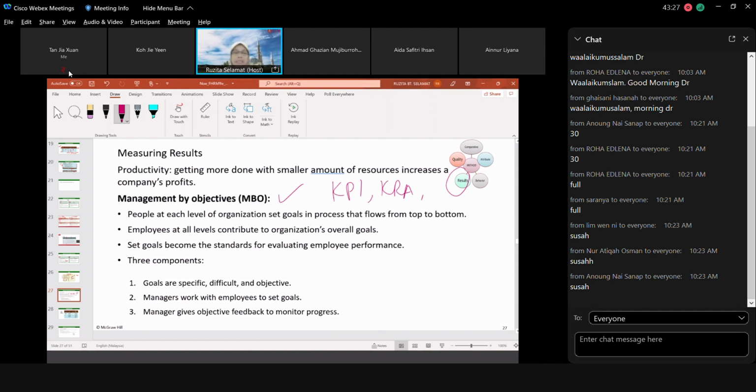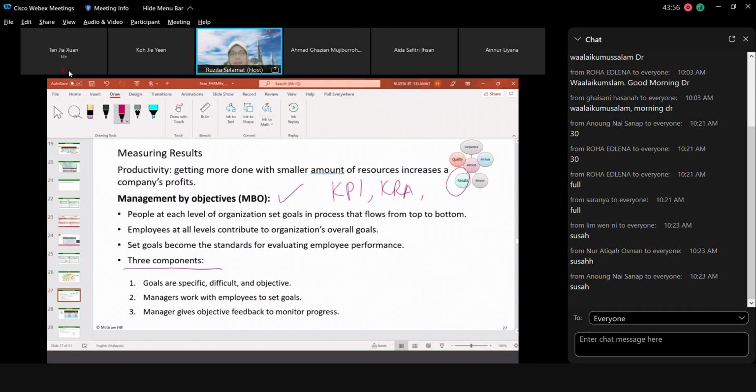Okay, so there must be a clear standard. If company are using MBO, the standard must be clear and it must be communicated to the employees, or else it will be unfair. All right, if they don't know this is their KPI, but employees claim that they do not know what is the KPI for them. But of course that's unlikely to happen lah. All right.